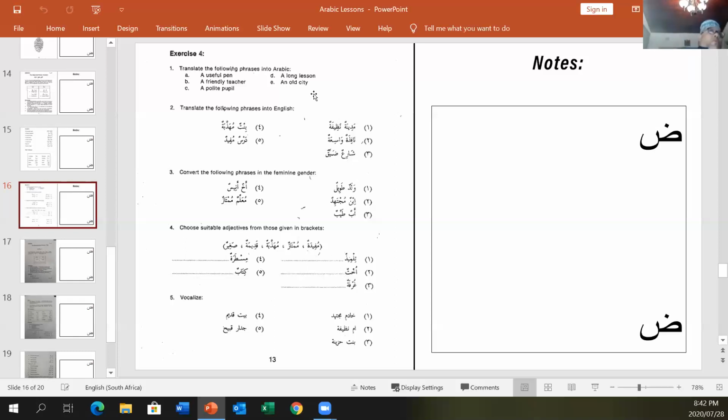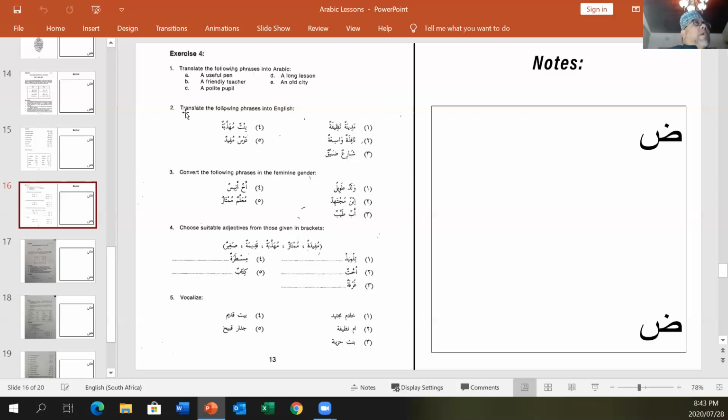Because city is always feminine, there's no masculine form for city. Some words come in their original form with a ta marbuta, so automatically you won't find a masculine form. Similar in item D, dars will always be masculine, so it will always take a masculine adjective.